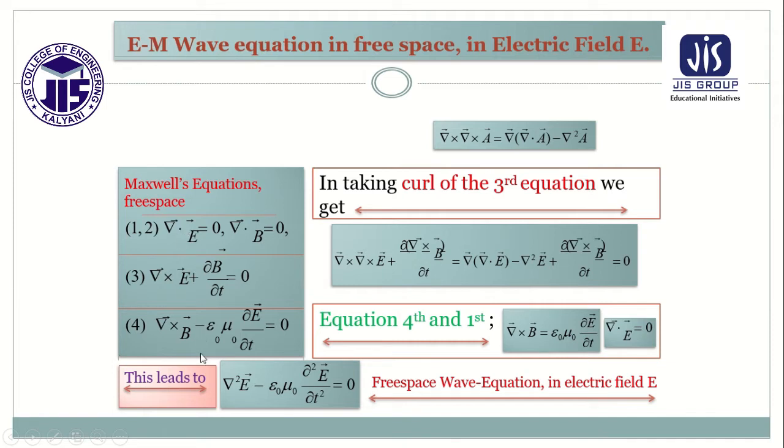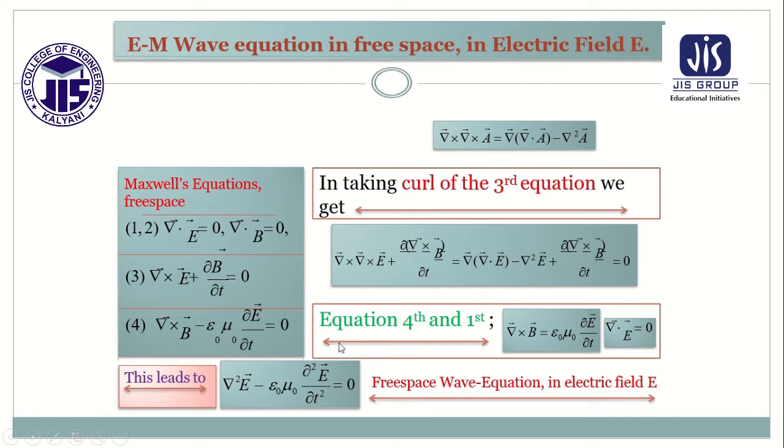If we put these two equations over here, nabla dot E equal to 0 means the first term will be gone, and nabla cross B equals mu naught epsilon naught del E by del t. Putting it over here, finally we get nabla square E minus mu naught epsilon naught del square E by del t square equal to 0. This is the free space wave equation in electric field E.